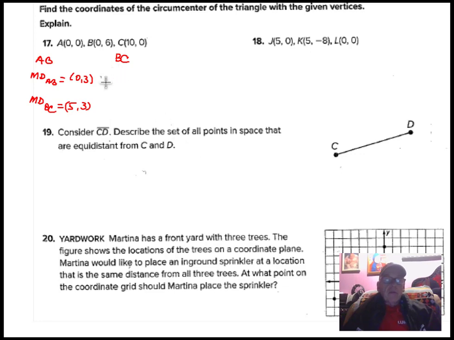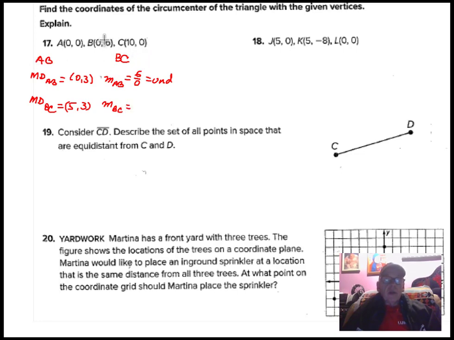Okay, now we also need to find the slope of AB. So the slope of AB is change in y over change in x. We do 6 minus 0 over 0 minus 0. We get 6 over 0, which is undefined. It means we have a vertical line. And the slope of BC, we do change in y over change in x.